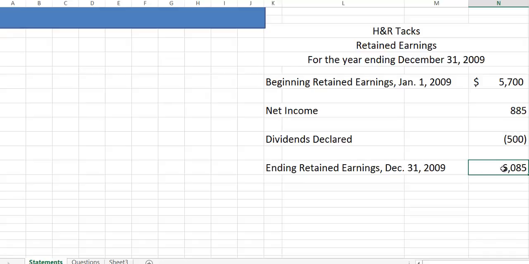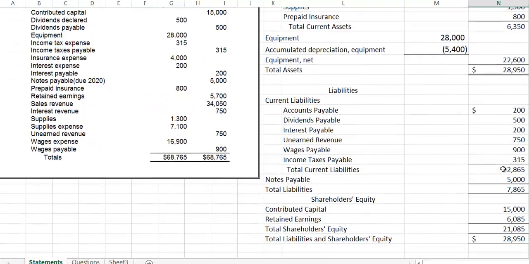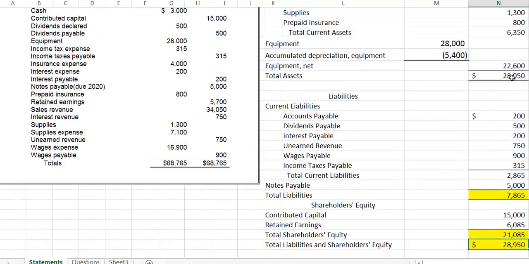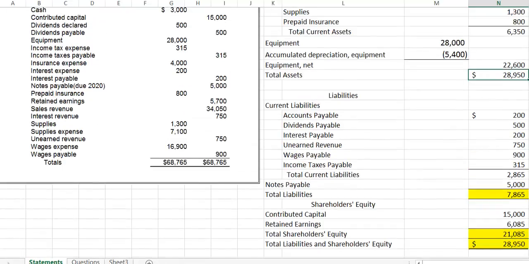So this goes on to the balance sheet at $6,085. So we have total shareholders' equity of $21,085. If we add that to our total liabilities of $7,865, we are going to get total liabilities and shareholders' equity of $28,950, which matches our total assets.